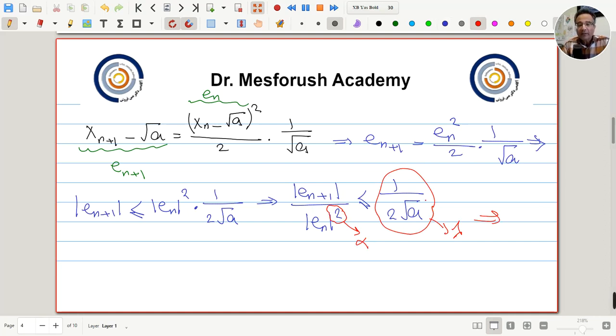So we can say that the rate of convergence is 2 and the asymptotic value is lambda. And this completes the proof of the problem, and the problem now is finished.